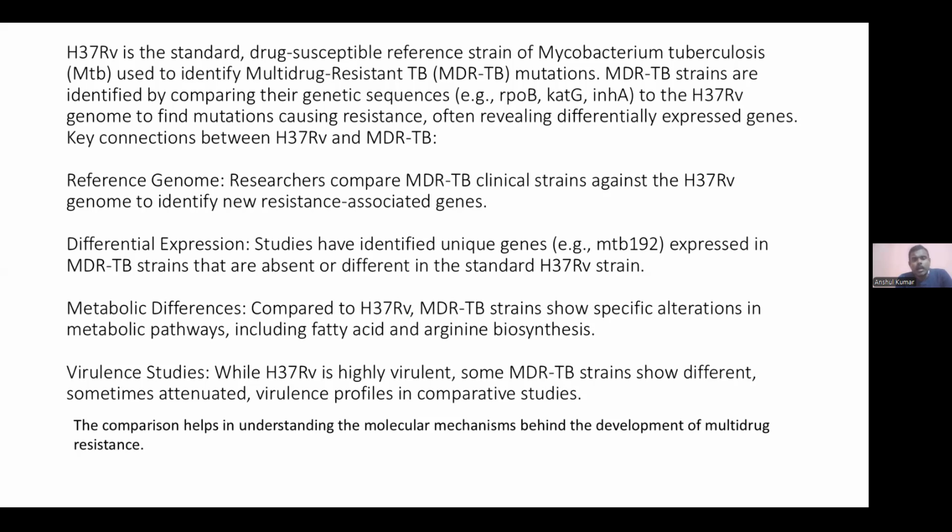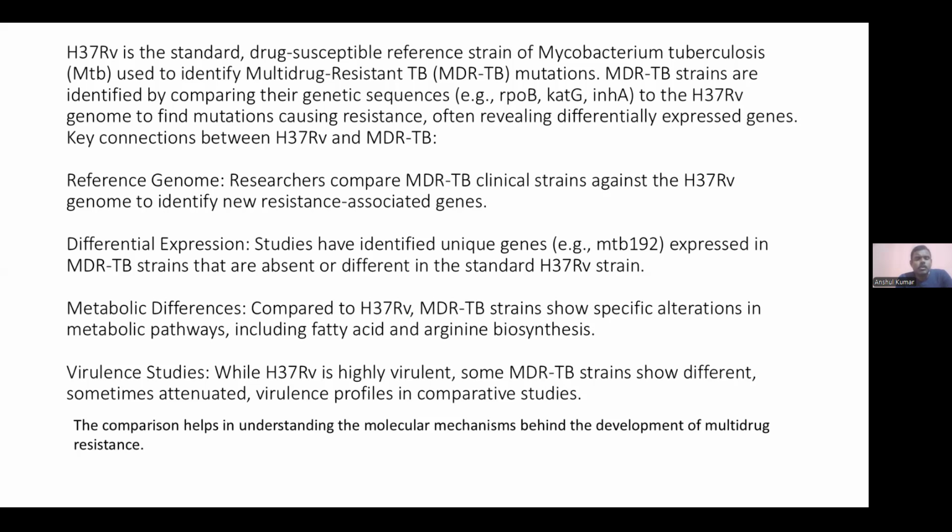As we all know, there are different types of mutations which help the bacterium develop resistance against some of the important drugs. So H37Rv can be used as a reference genome to study multi-drug resistant tuberculosis. MDR-TB strains are identified by comparing their genetic sequences, and some of the important genes responsible for multi-drug resistance are rpoB, katG, and inhA, compared to the H37Rv genome to find mutations causing resistance, often revealing differentially expressed genes.